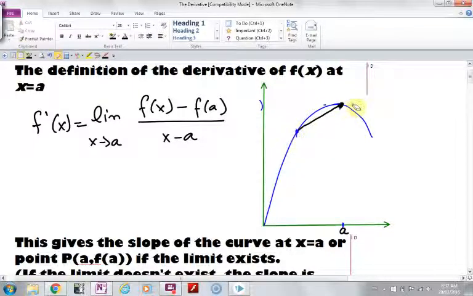So between this point and this point at x equals a, we've got a secant line. But if we let x, this value, get closer and closer to a, then the slope of this line becomes the slope of the tangent.